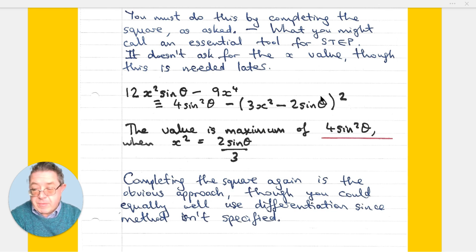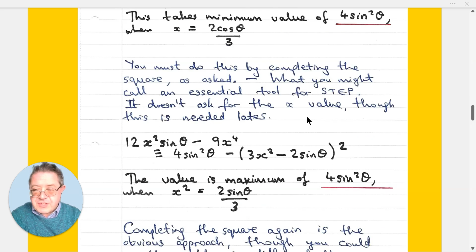That will be maximum when the squared bit is 0. So the maximum value is 4 sine squared theta, and that will be when x squared equals 2 sine theta over 3. Just be alert, the minimum value in the first part and the maximum value in the second part are the same.